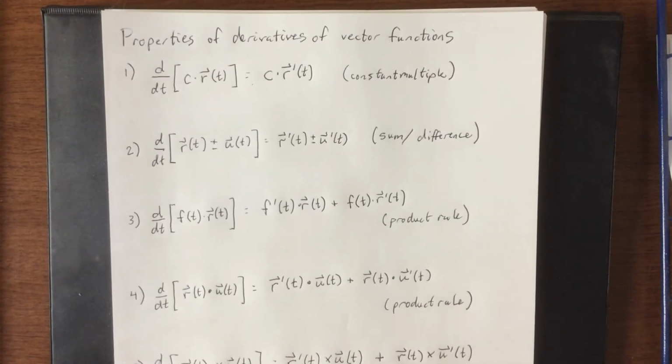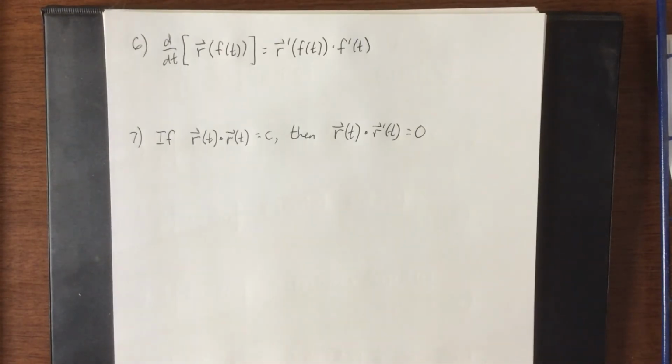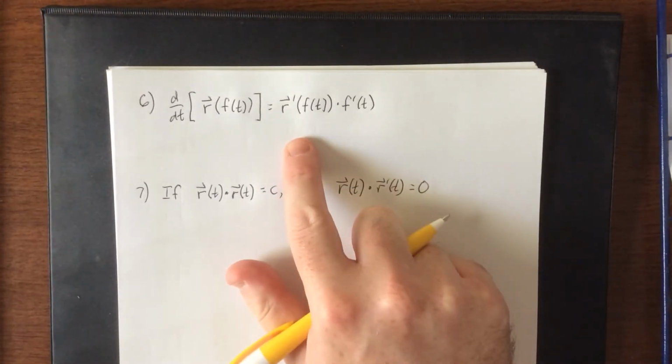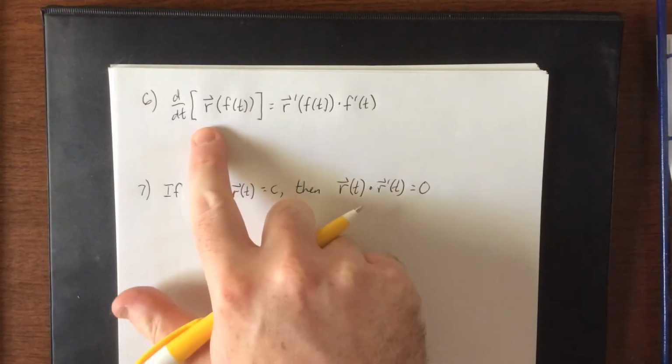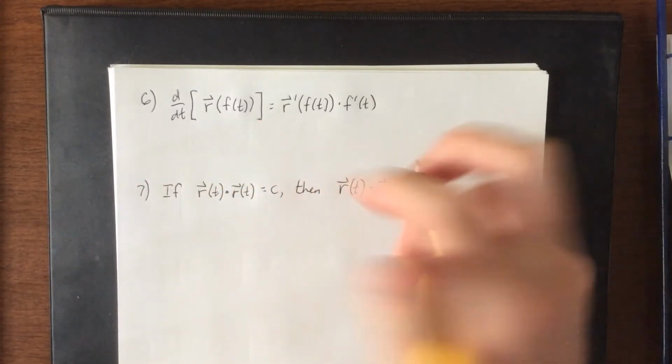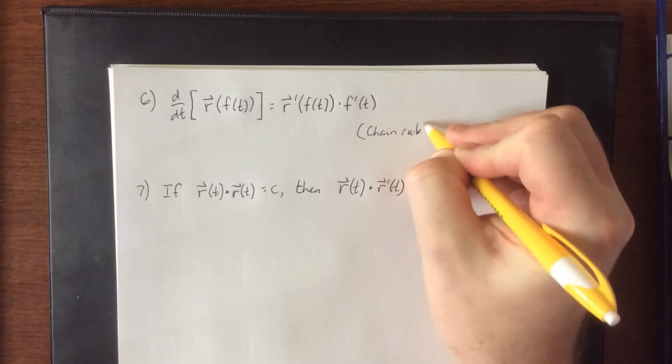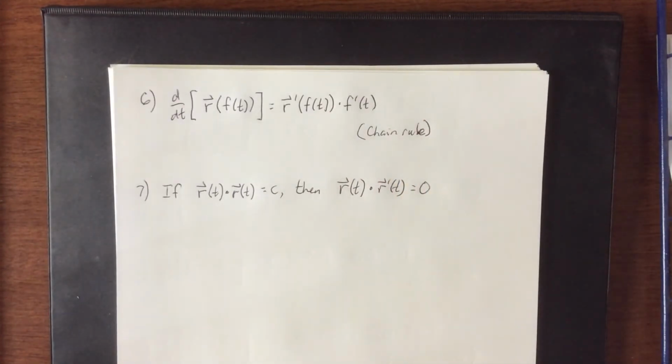We don't really talk about division of vectors, and that's a good thing, so you won't see the quotient rule in here. But this is a form of the chain rule. If you have a vector function of a scalar function, then you will see the chain rule as it applies. And this last one actually does require a bit of explanation.